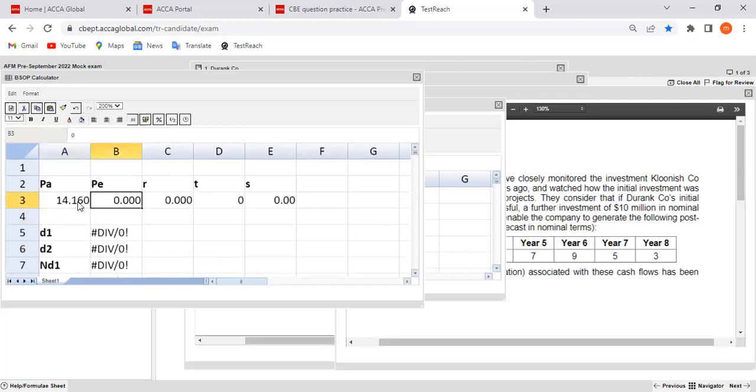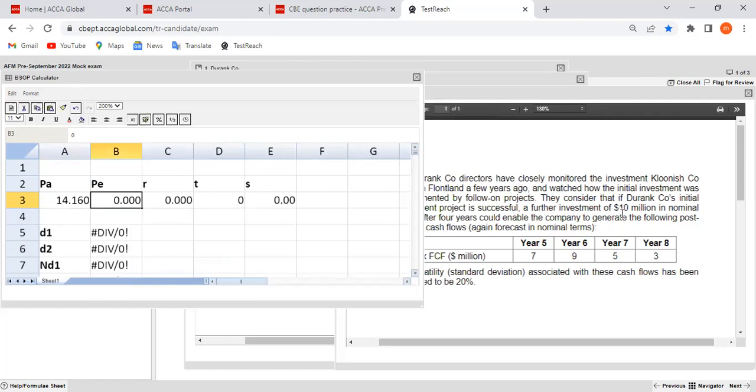What is the PE? The expense which we are going to have. How much expense are we going to have? 10. So type here 10. What is the risk-free rate in this question? 3, and the time period is 3, as this project is going to start after 4 years.